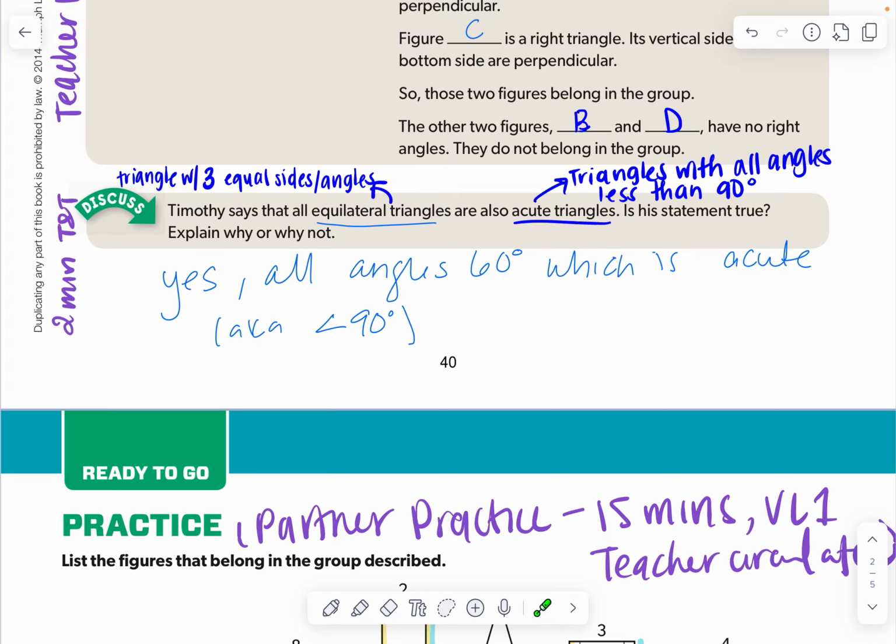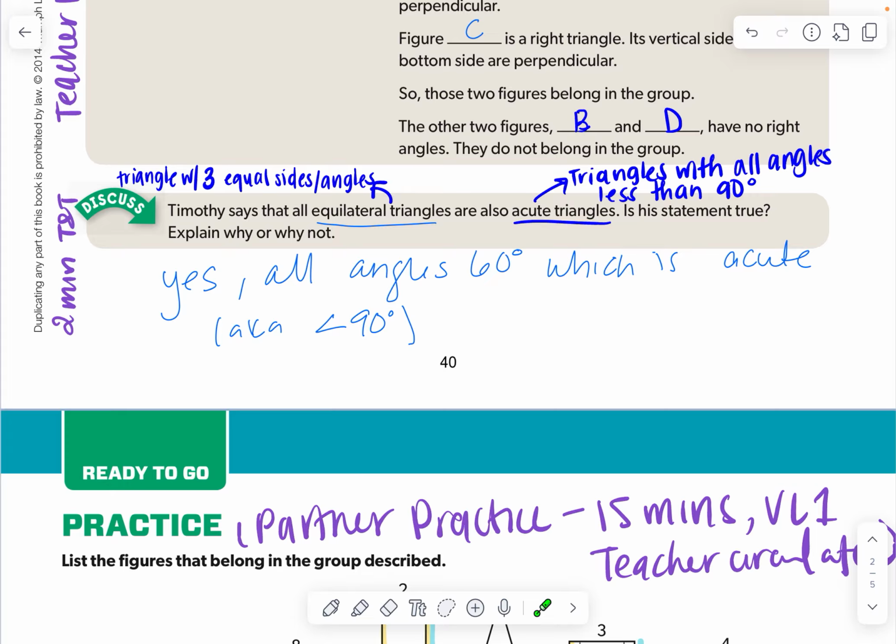Equilateral: triangle with three equal sides and angles. I also know that if a triangle is equilateral and triangles equal 180 degrees, then each of the angles must be 60 because 60 times 3 gives me 180, okay? Acute triangles are triangles with all angles less than 90 degrees.